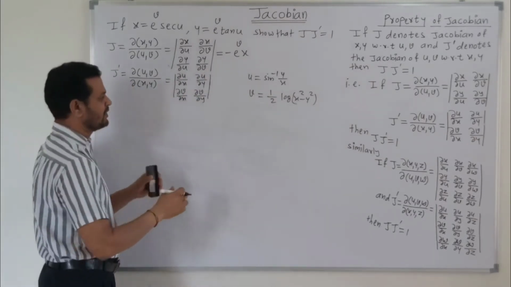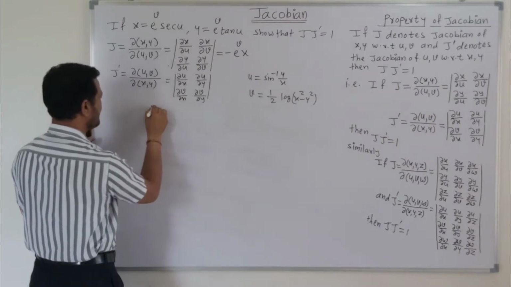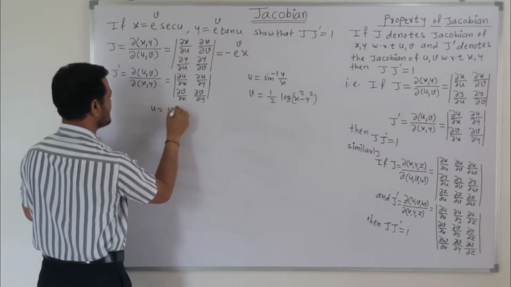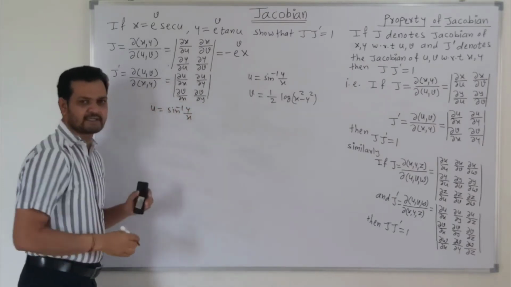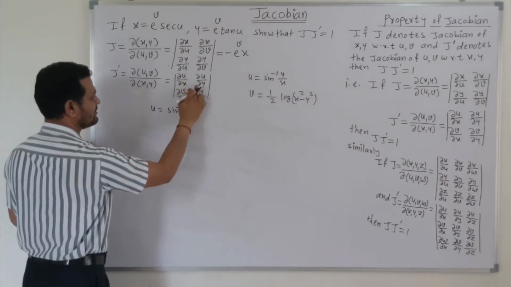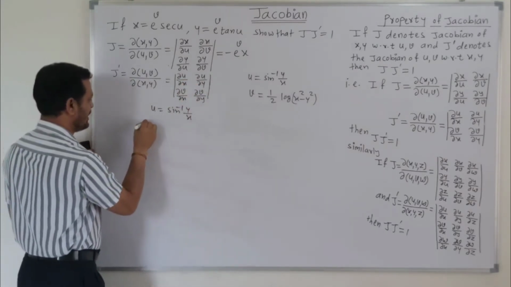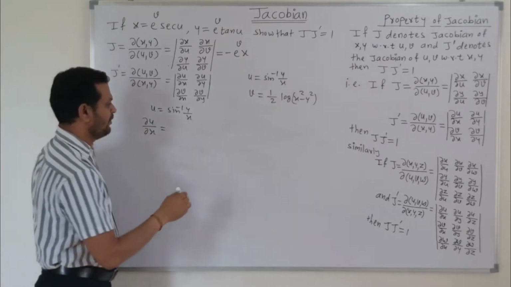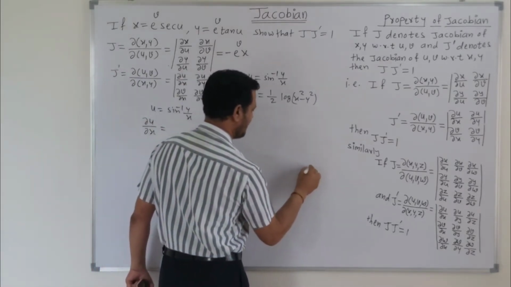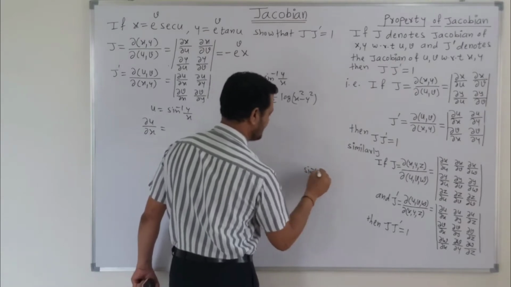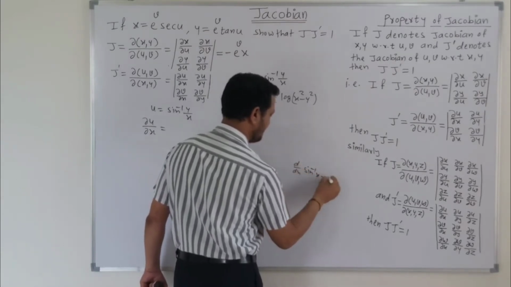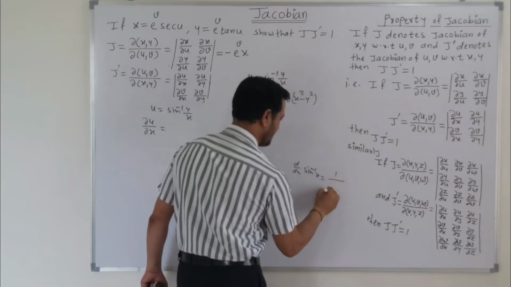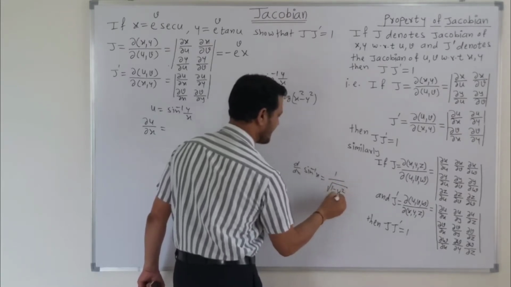Now friends, whatever u we are having here, u is sine inverse y by x. Now take the partial derivative of u with respect to x and y. If we take the partial derivative of u with respect to x, then we know that the derivative of sine inverse x is 1 upon root of 1 minus x square.